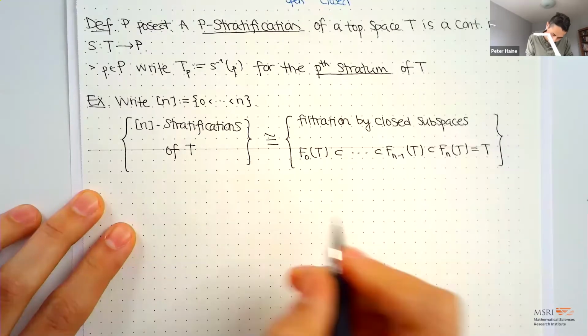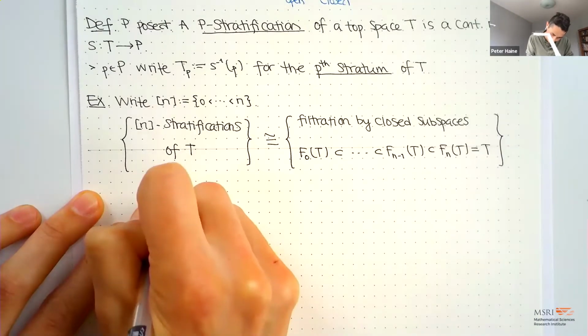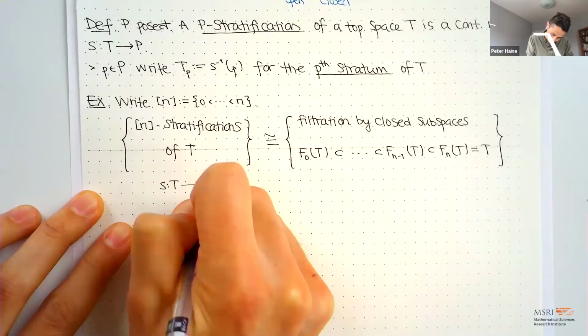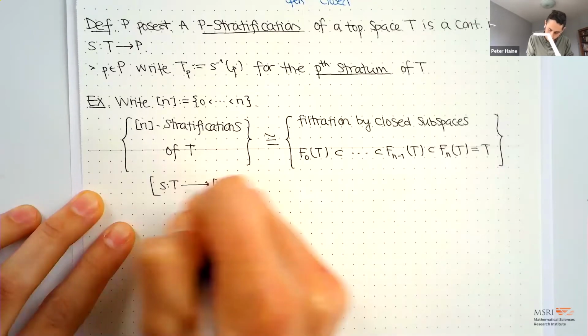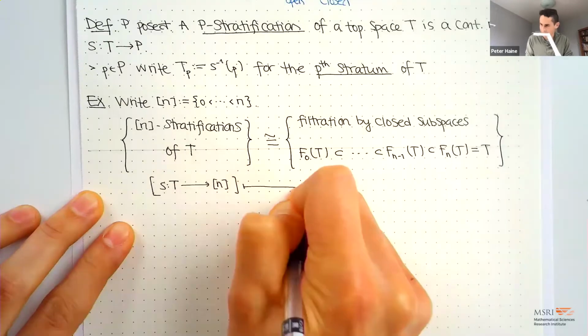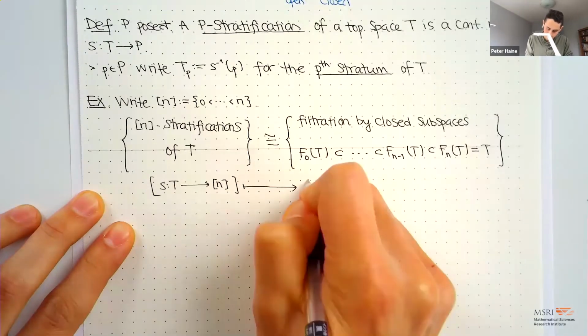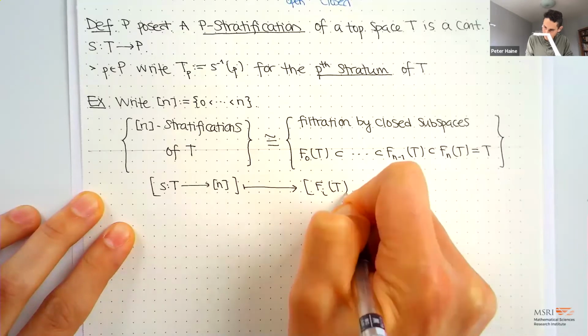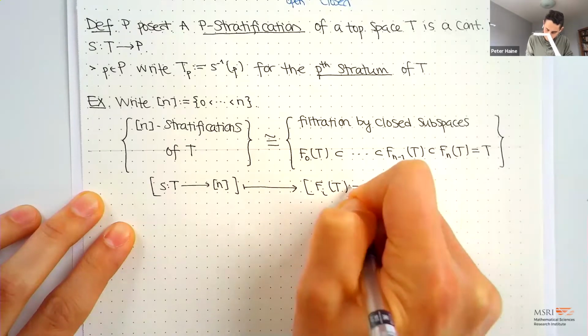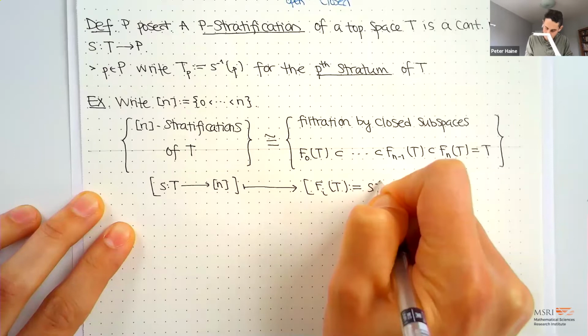Well, if I'm given my stratification, T down to this guy here, I send it to the filtration with the ith filtered piece being the inverse image of 0 through i.